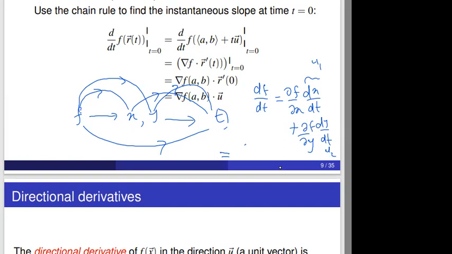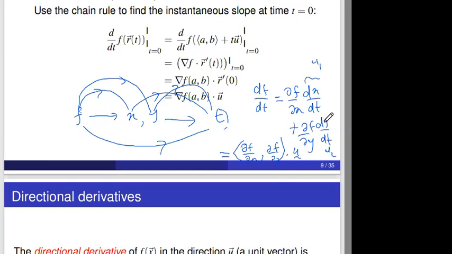Partial of f with respect to x, partial of f with respect to y, dotted with the vector u1, u2.